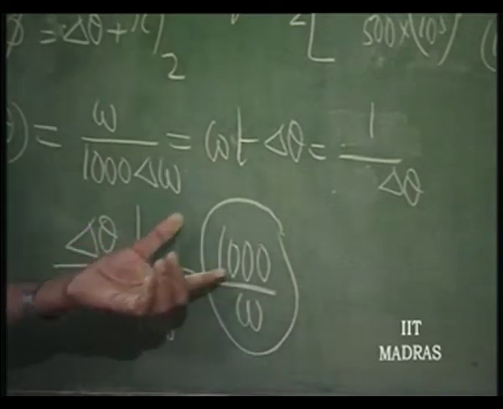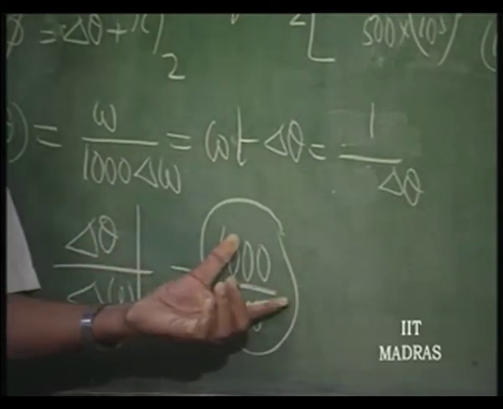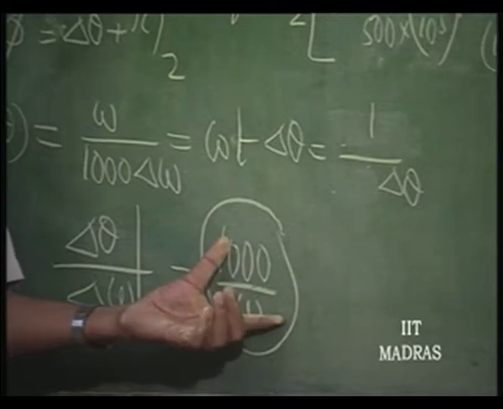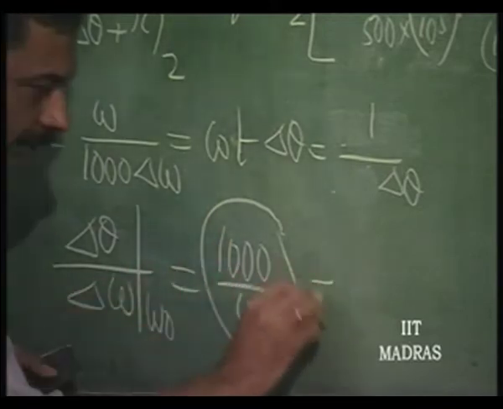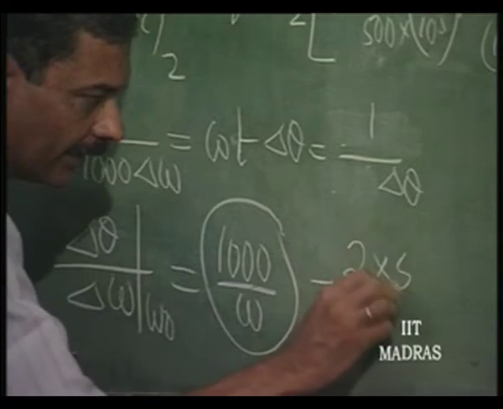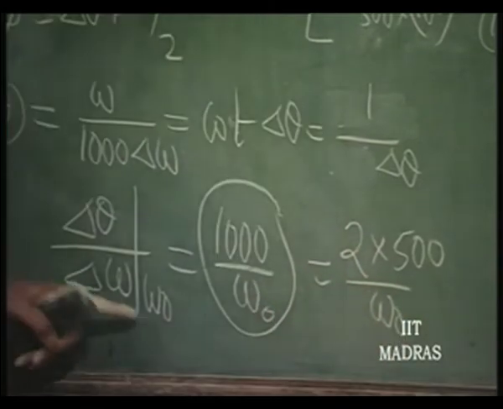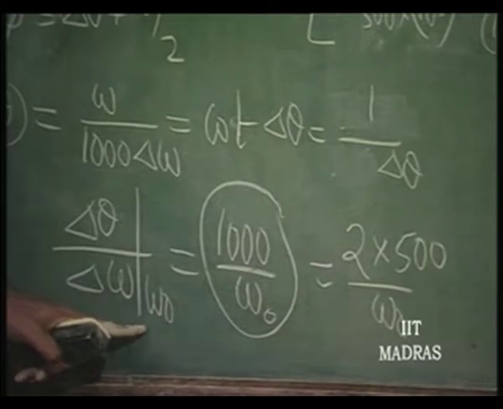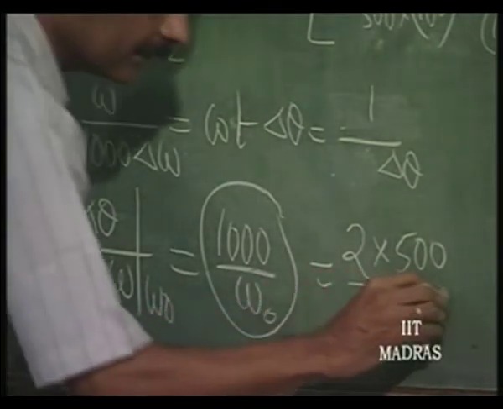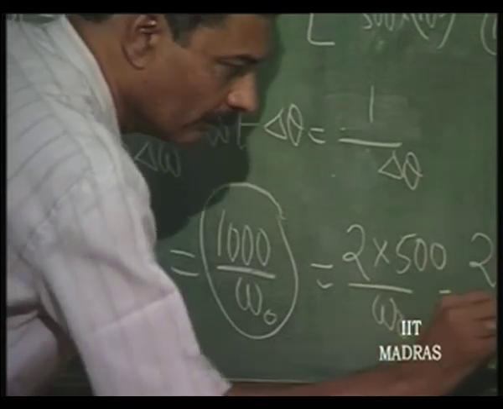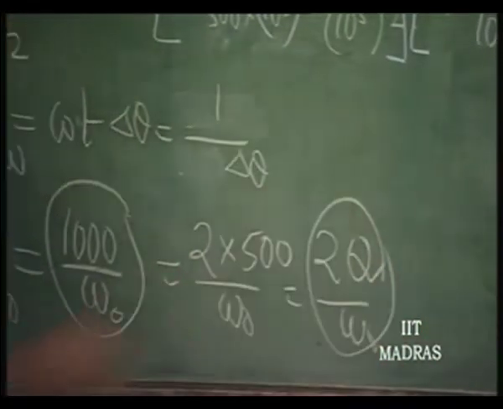In this 1000, Q of 500 is there. So, it is really equal to 2 into 500 by omega naught, because we are substituting omega equal to omega naught. So, this is nothing but 2Q by omega naught. This is an important expression.